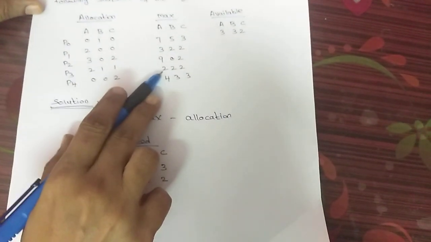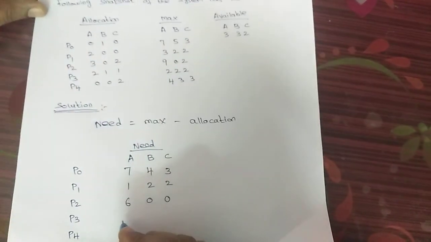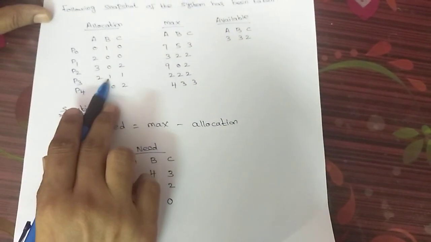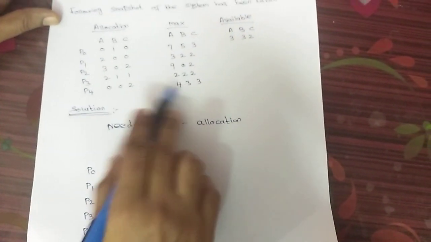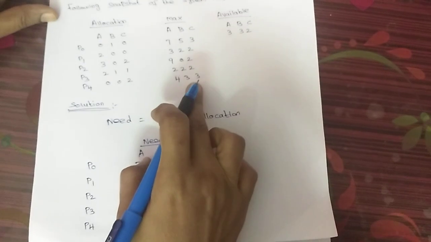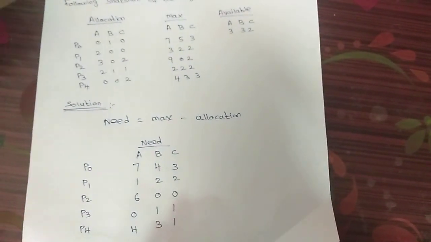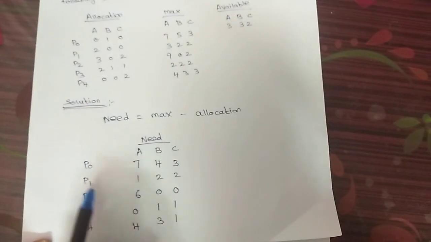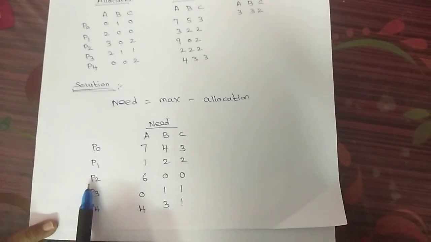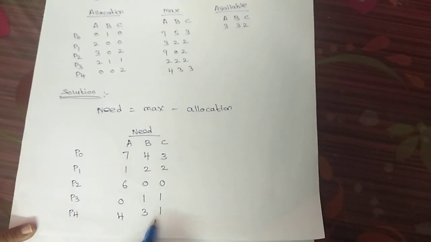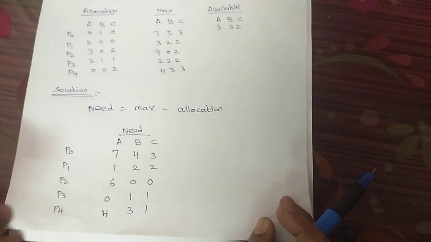For P3, 2 minus 2 is 0, 2 minus 1 is 1, and 2 minus 1 is 1. For P4, 4 minus 0 is 4, 3 minus 0 is 3, and 3 minus 2 is 1. This is the need matrix: P0 is 7, 4, 3; P1 is 1, 2, 2; P2 is 6, 0, 0; P3 is 0, 1, 1; P4 is 4, 3, 1.